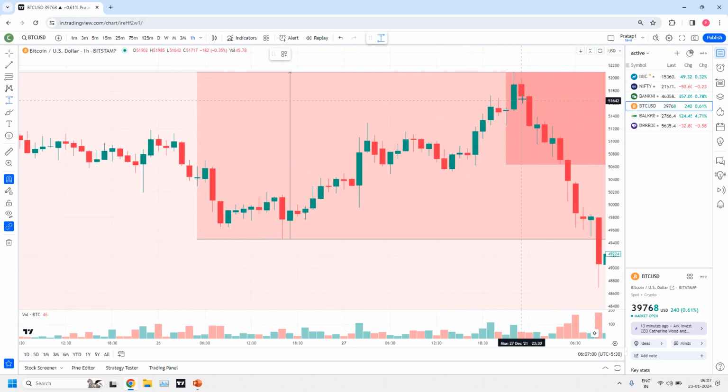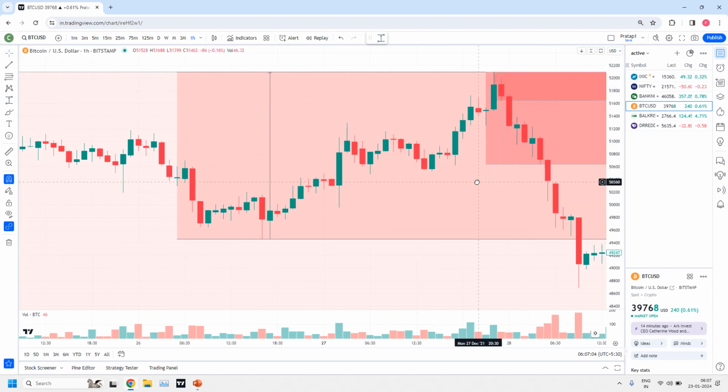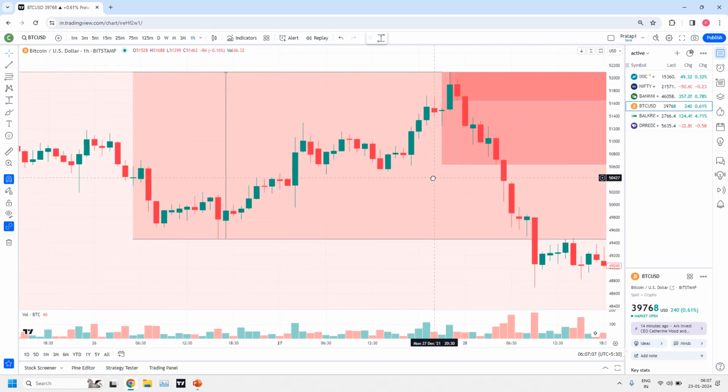So here we have the origin. From here the move started. Or even you can also draw zones like this. This is also you can draw.